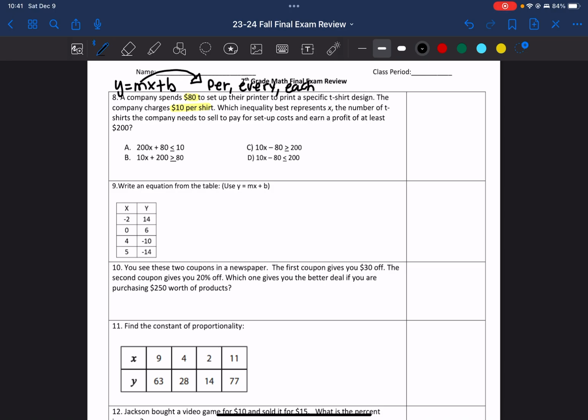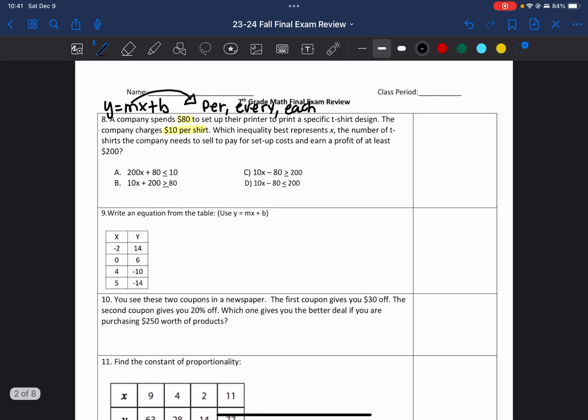Okay, so let's continue reading. So here it says that it's wanting us to write an inequality that best represents the number of t-shirts the company needs to sell to pay for setup costs and earn a profit of at least $200. That means it can be equal to or greater than $200.